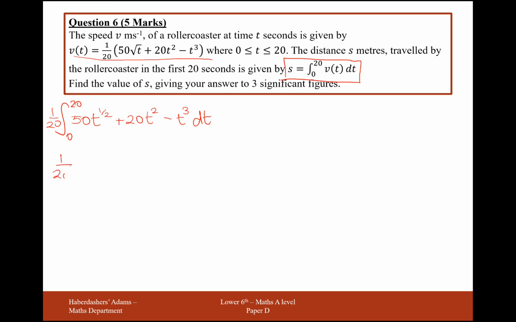Okay, so let's do the integration now. So it's going to be between the boundaries. Let me just remind you, x to the power of n will integrate to x to the n plus 1 divided by the new power, n plus 1.